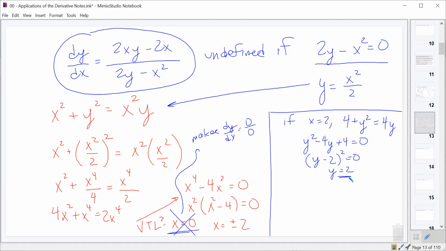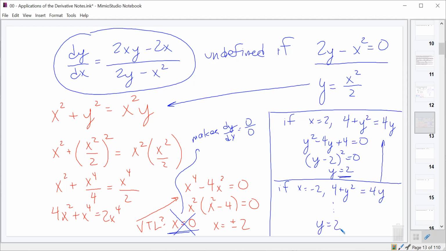So clearly there's a value of y equals 2, which means x equals positive 2 is the equation of a vertical tangent line. And then if we look at when x is -2, we'll want to make sure that works as well. -2 squared is again 4. We still have plus y squared, and again, -2 squared is 4. We get the exact same equation that we had up above. Clearly, this is going to yield the same value of y equals 2.